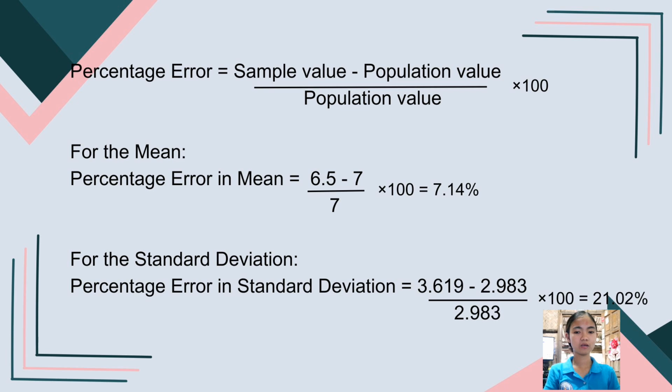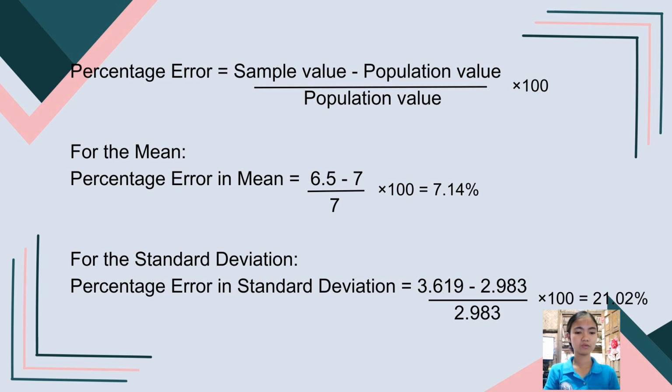So, for the mean, percentage error in mean is 6.5 minus 7 over 7 times 100, which equals 7.14. For the standard deviation, the percentage error is 3.619 minus 2.983 over 2.983 times 100, which equals 21.2%.